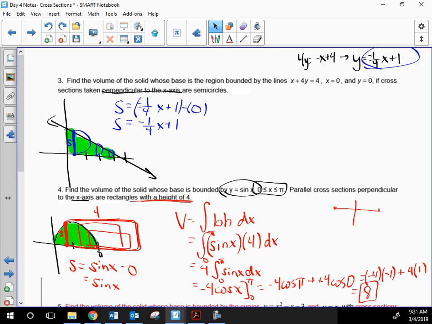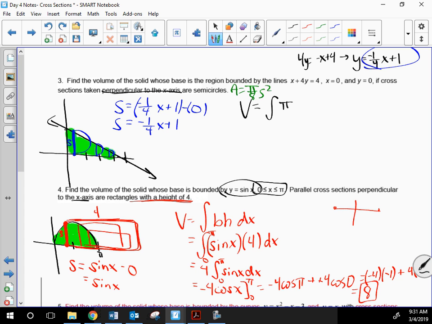Since we're doing semicircles, our area formula shortcut was pi over 8 side squared. So volume equals the integral of the area of the cross section, and we're going with respect to x because it's perpendicular to the x-axis. So I'm going to bring out that pi over 8, and we're going from 0 to 4.